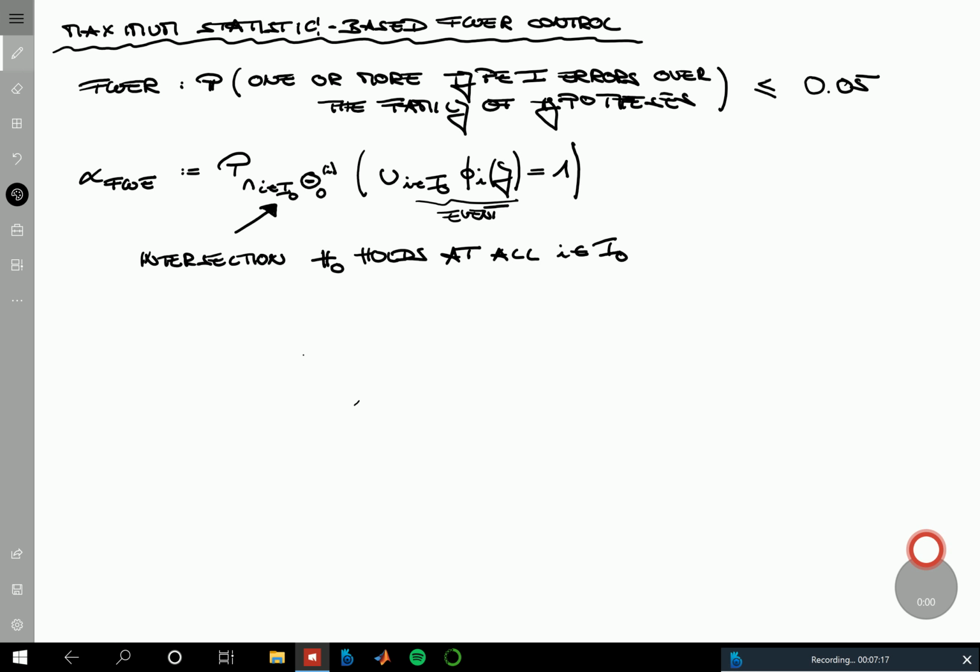Under the assumption that the null hypothesis holds at all i in I0. Now you can, of course, have multiple things. So either I0 equals I, so that would be the complete null hypothesis scenario.